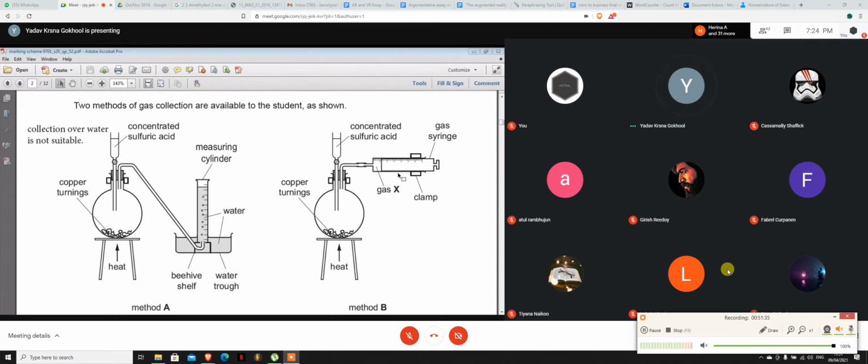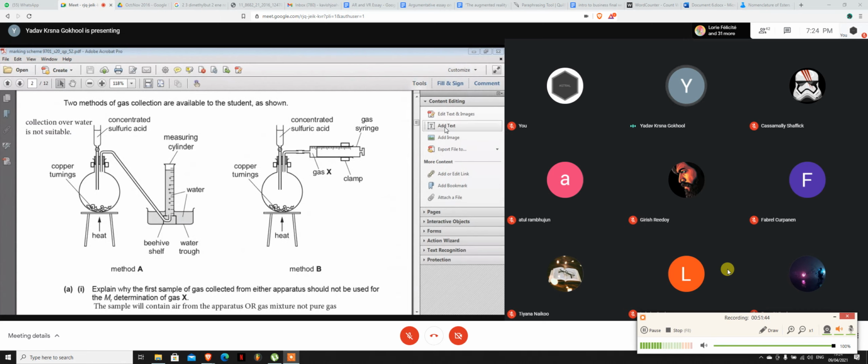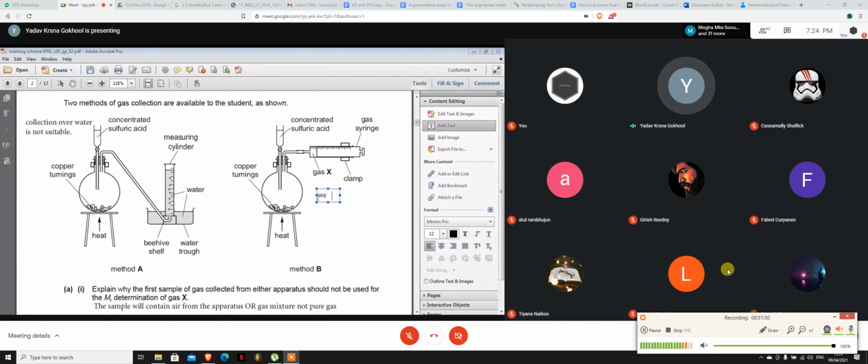So, over here, we cannot take the total volume. So just write down something over here: we cannot use the total volume collected for further calculations.